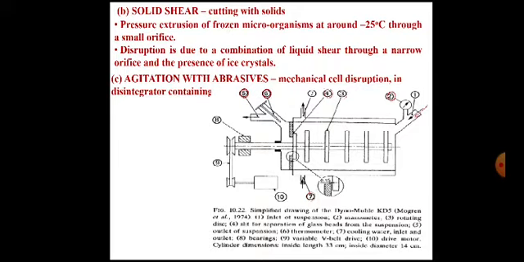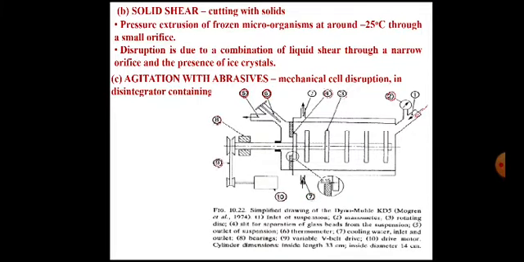So in order to protect these heat-sensitive microbial metabolites, the temperature is monitored and then controlled by the passage of cooling water through this seventh part. That indicates the inlet and outlet for cooling water.